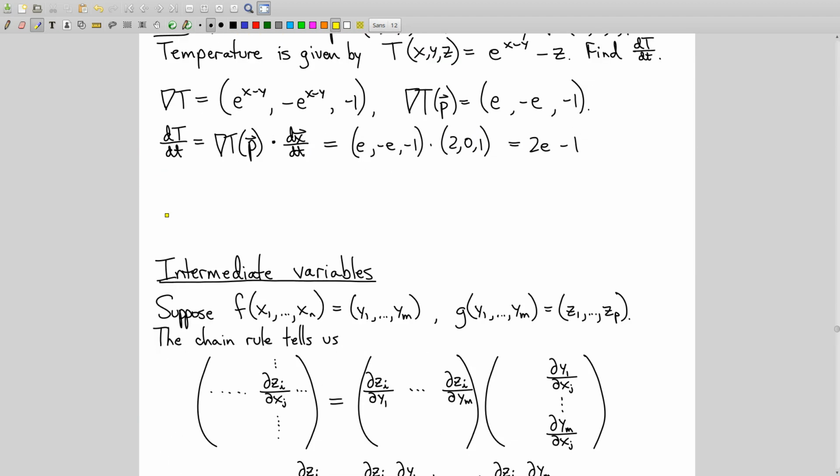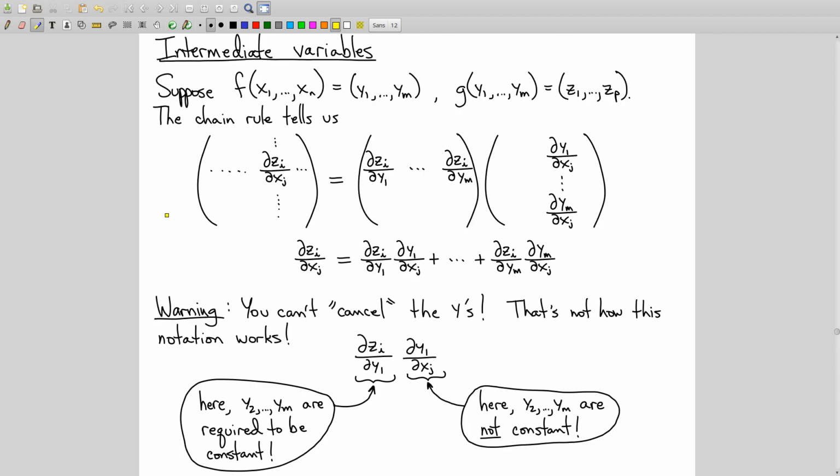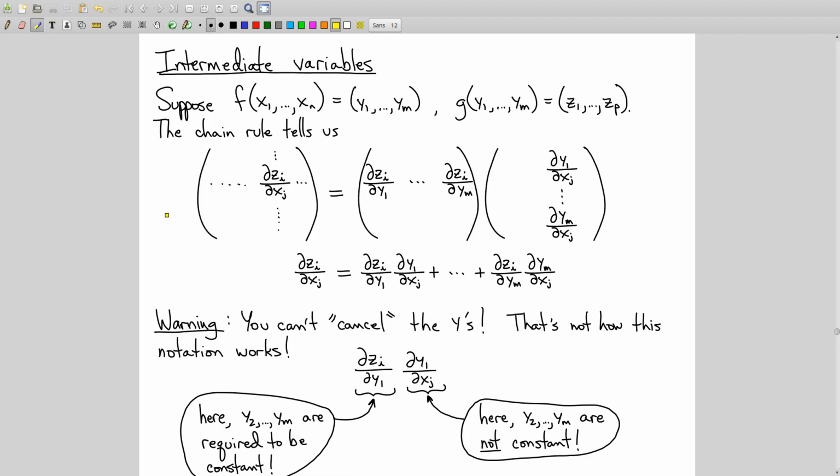That said, in practice, sometimes it's nicer to have a coordinate point of view on the chain rule. Don't think of the objects in question as being vectors. Sometimes you just want to look at one coordinate at a time. So here's our matrix chain rule. Derivative of a composition is the product of the derivatives.